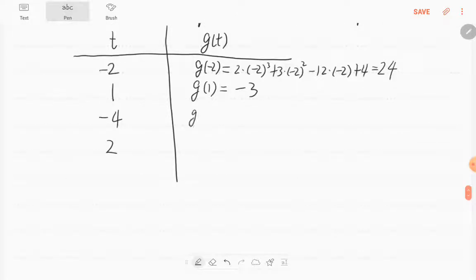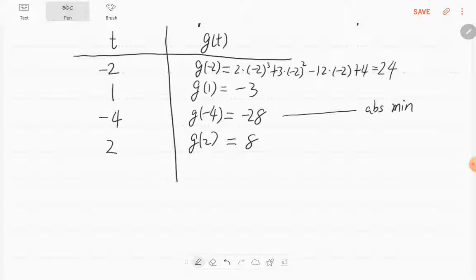G of -4 is -28. G of 2 is 8. So compare. This is the smallest number, so this is the absolute minimum value. And this is the largest number, so this would be the absolute maximum value.